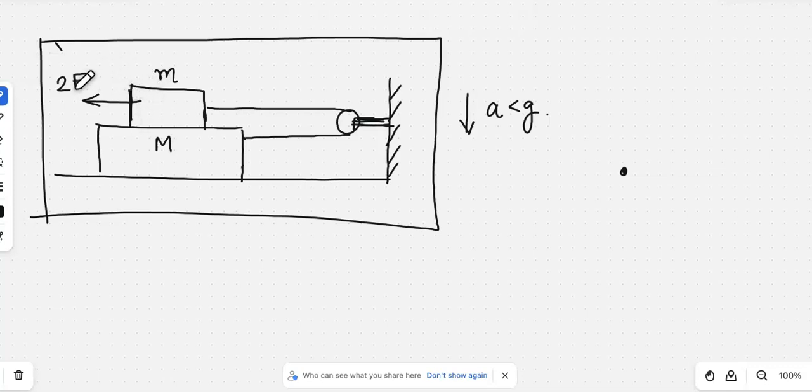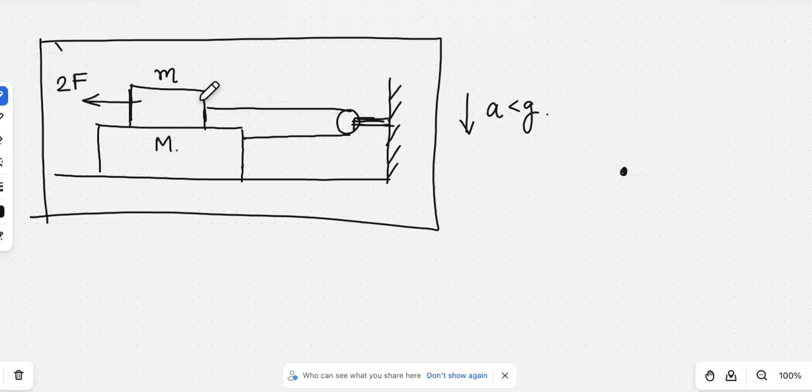If I apply the 2F force, that is double the force, right? So that means the acceleration of both small m and capital M has to be found out. But you can see from here that the accelerations will be equal because they are connected by the same string. Okay, this is an inextensible string. That means both the blocks will have the same acceleration.